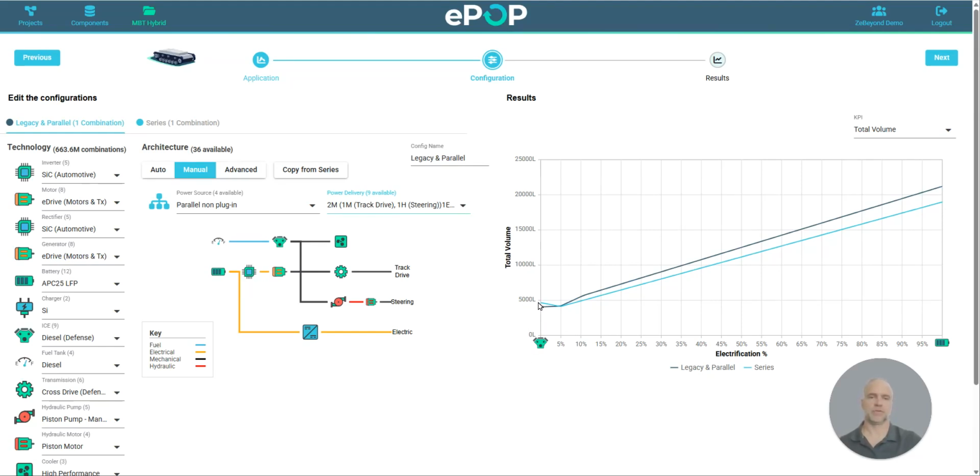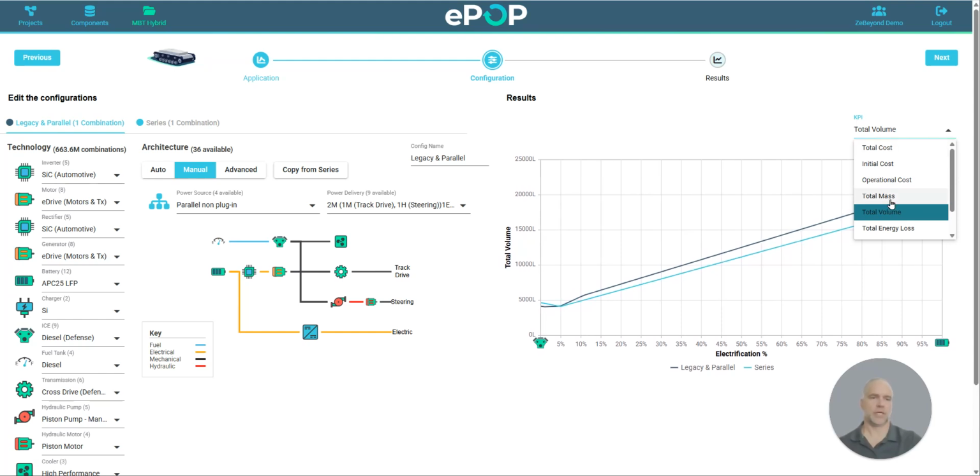You can see here the difference in volume. To achieve the same range and performance, the volume of making it battery only is going to be 4 times the volume of making it hybrid or the legacy. So we're looking at volume here.